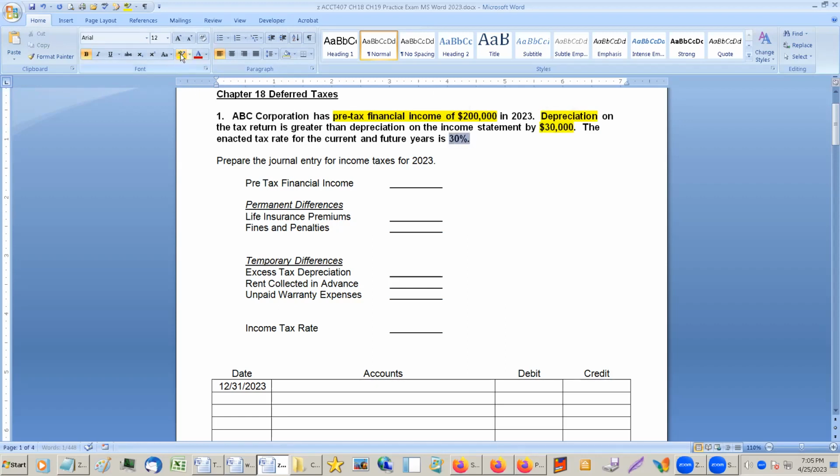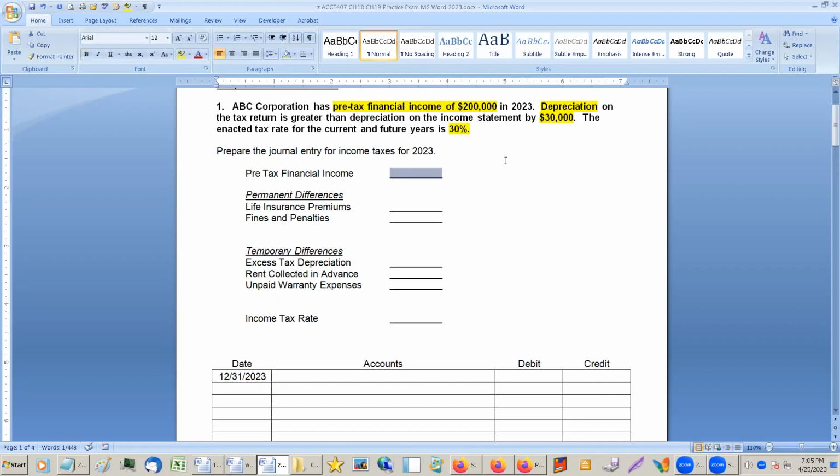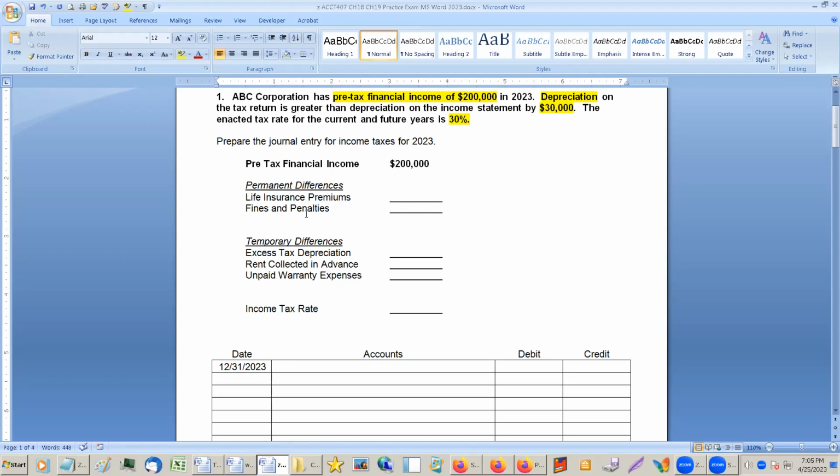Okay. So our pre-tax financial income is 200,000. We don't have any permanent differences.